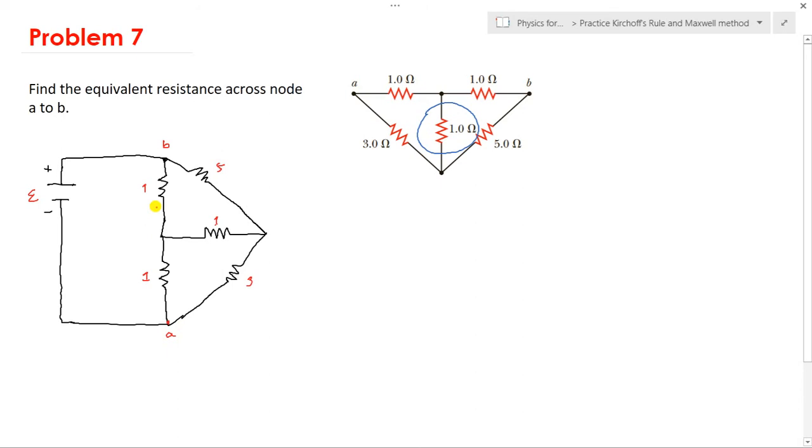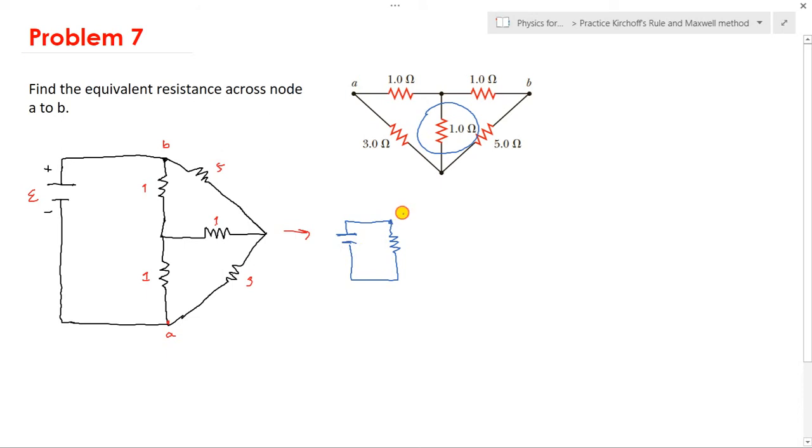Okay. So here, if we convert this into an equivalent resistor, the equivalent diagram would look like this, when connected to the battery.